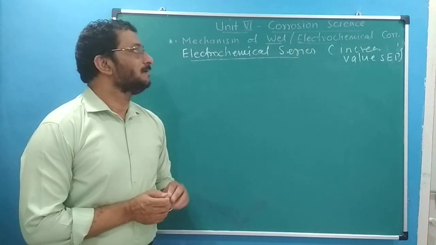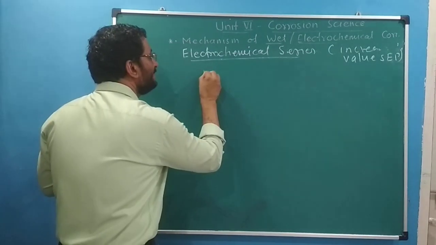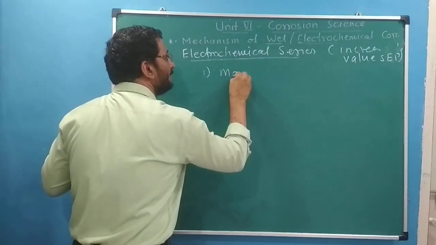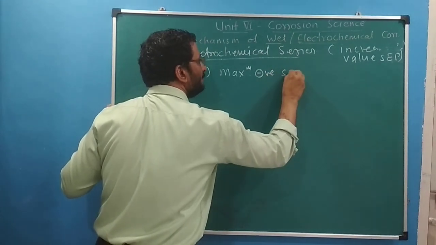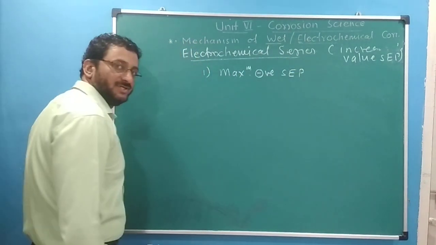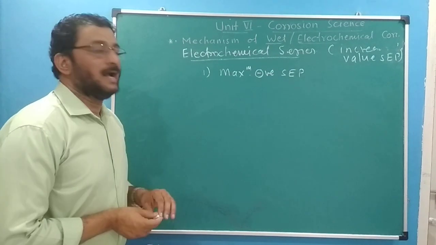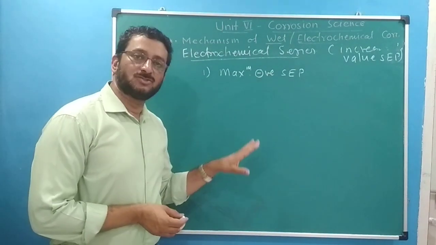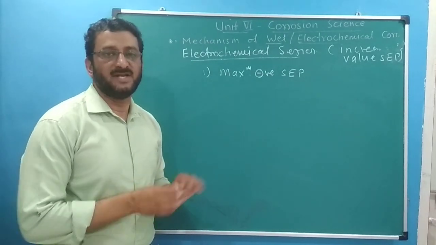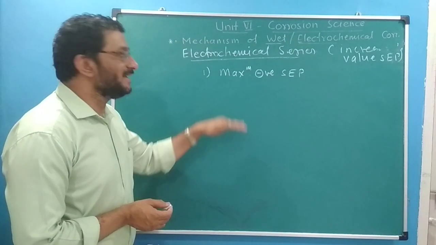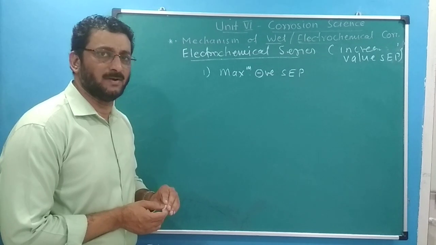What is the meaning of that? The meaning is that the first element in the series will have the maximum negative value of SEP, so it has been given the first position. In my PPT, I have given the list of, I think, 20 commonly used elements in different structures, and how they are placed, their values.